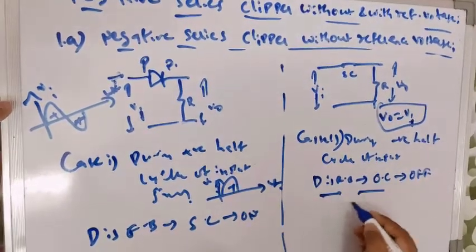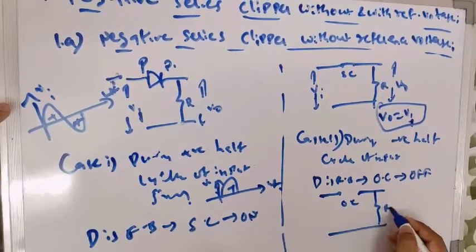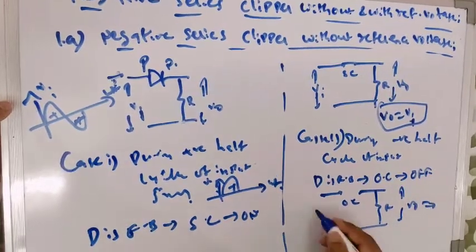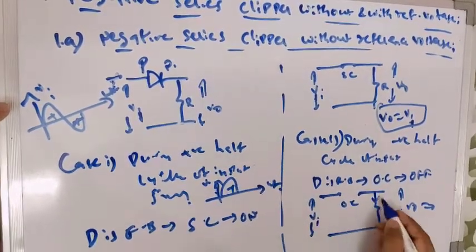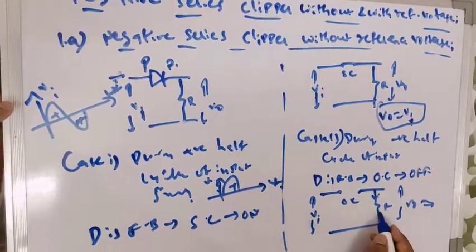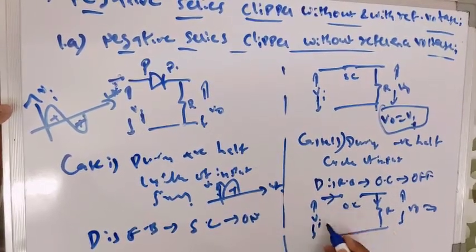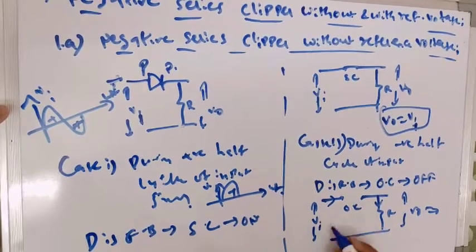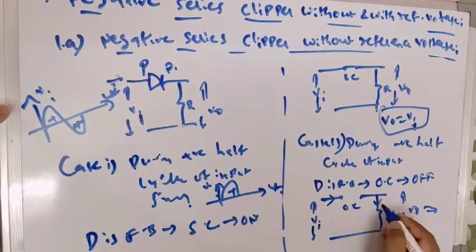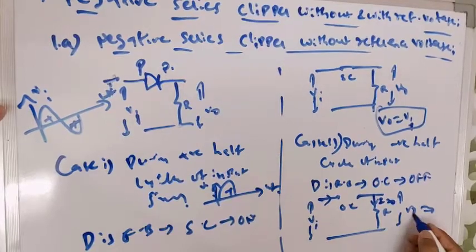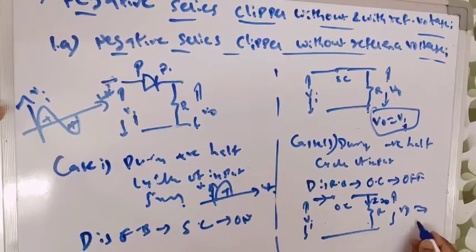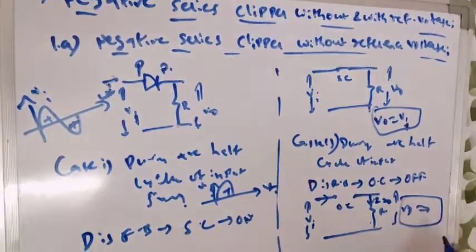So the output voltage is equal to 0, because no current flows through the resistor R. Across the open circuit terminals the impedance is infinite, therefore the current is 0 and the voltage across the resistor is 0. V0 is equal to 0.